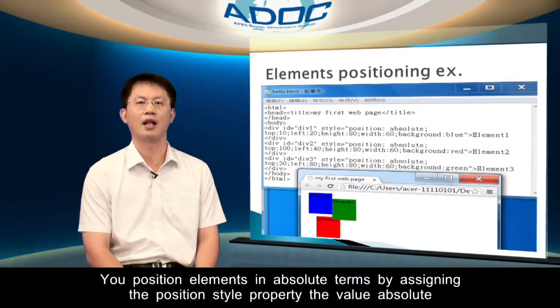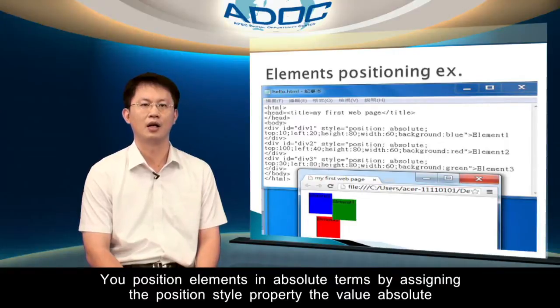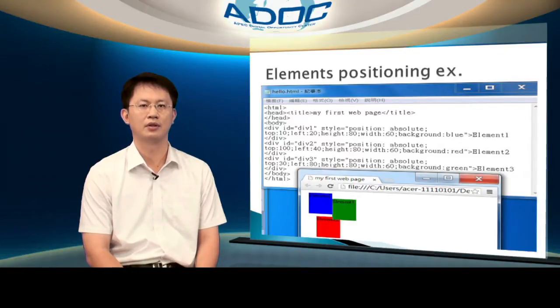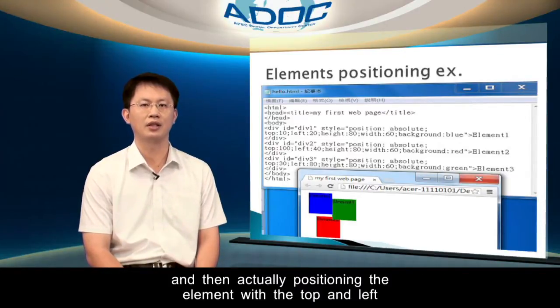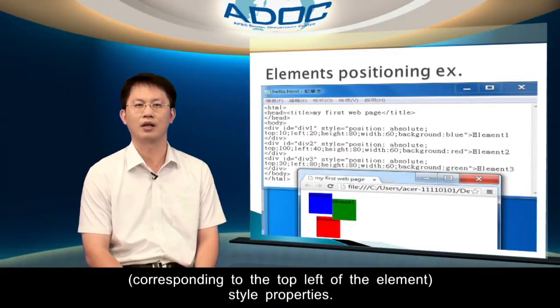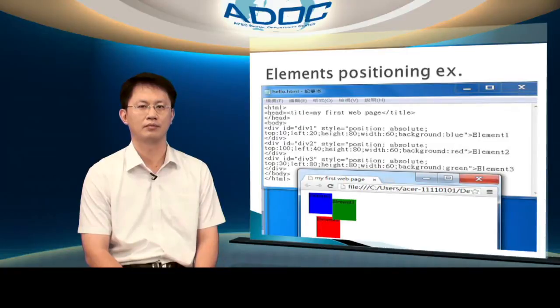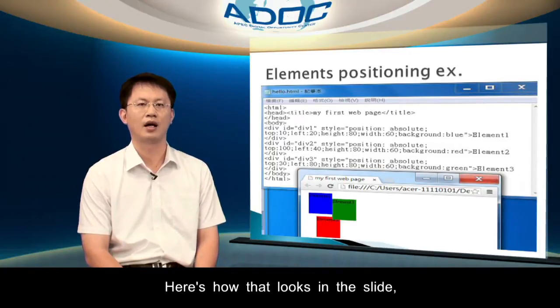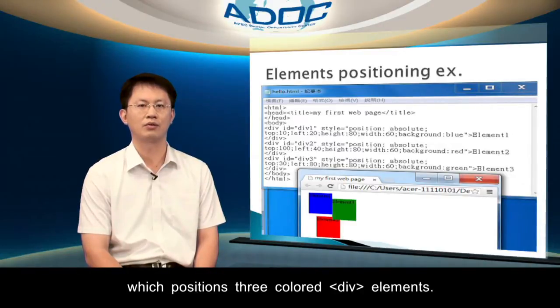You position elements in absolute terms by assigning the position style property the value absolute, and then actually positioning the elements with the top and left style properties, corresponding to the top left of the element. Here's how that looks in the slide, which positions 3 colored div elements.